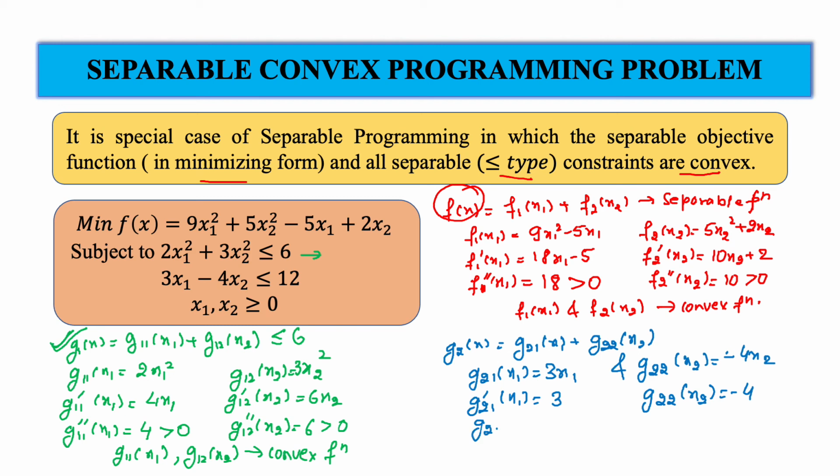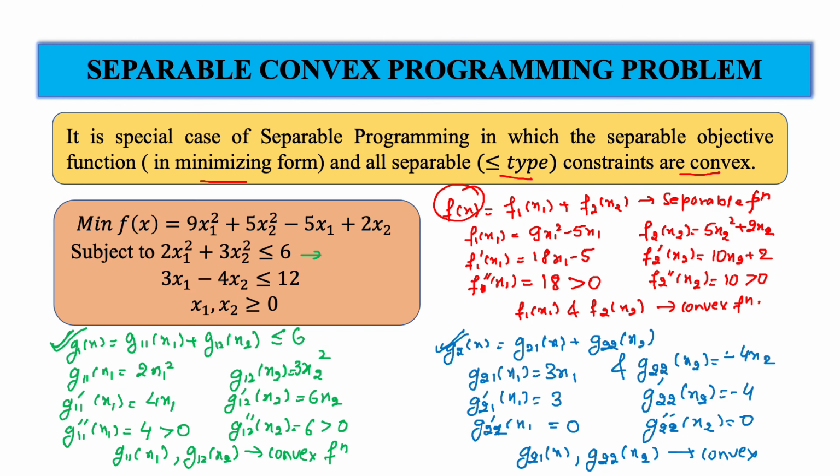The second derivative is 0, and for this also the second derivative is 0, hence the second derivative being 0 means both the functions are again convex functions, and the sum of two convex functions will give you a convex function, that means g2 is also a convex function.